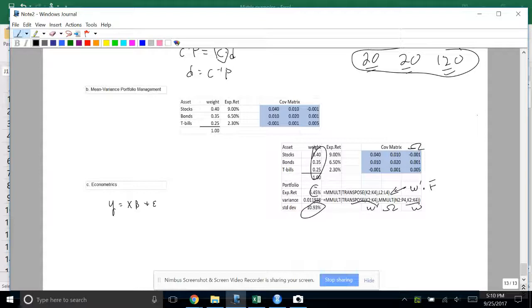And last, we look at calculating some coefficients for regressions. So let's say we have returns for Microsoft, or excess returns, returns minus the risk-free rate.